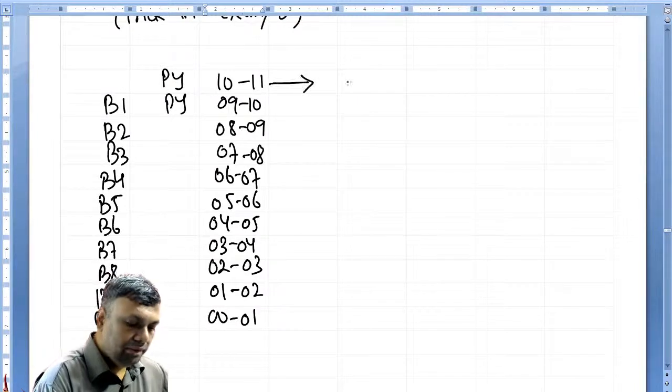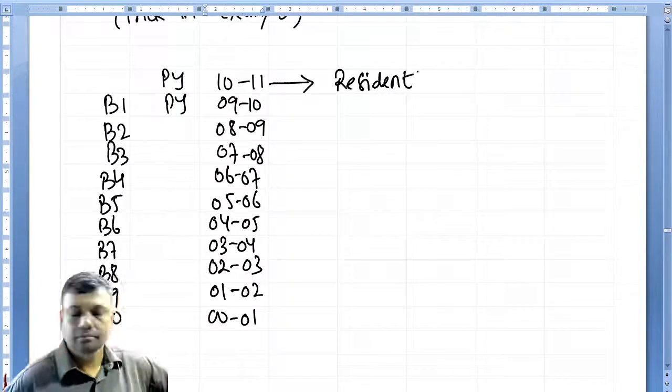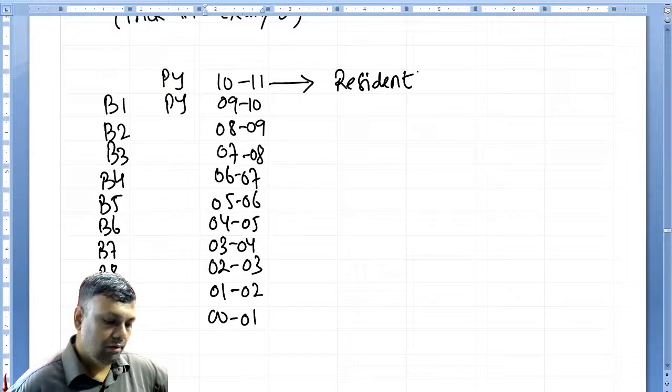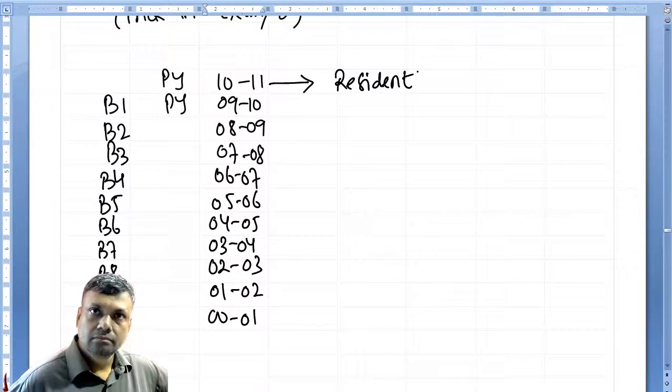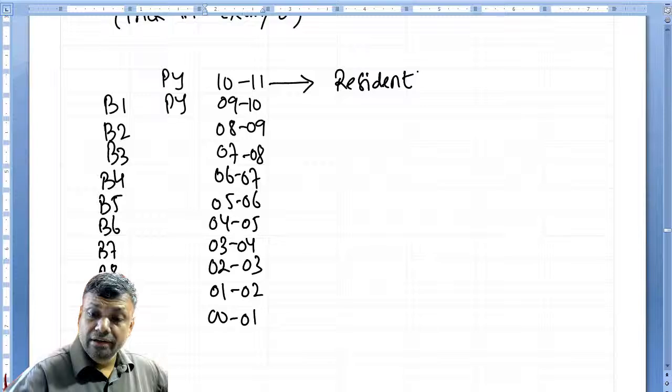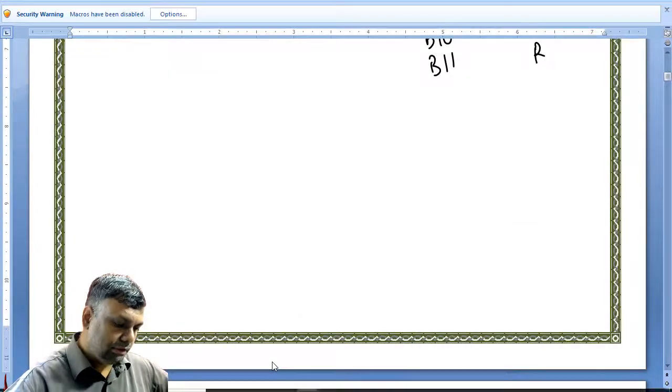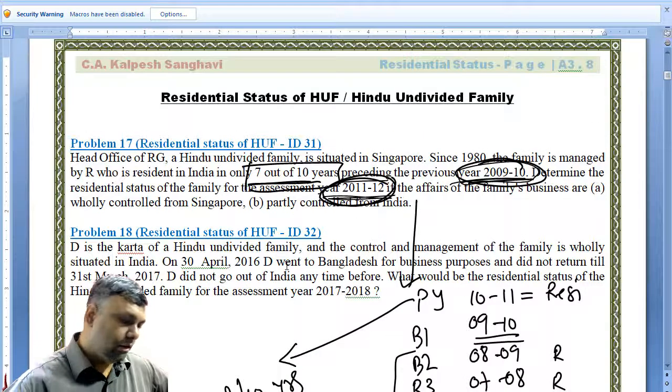So for this previous year, we have decided that you are resident. But the 7 out of 10 years that you are resident, which is given to us in the question, look at this question, friends. That was a trick in the question.